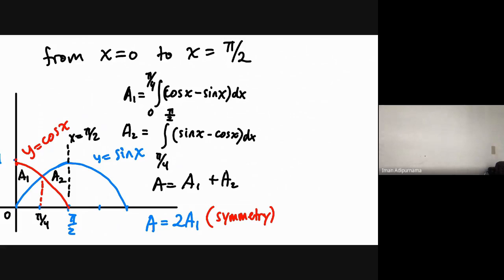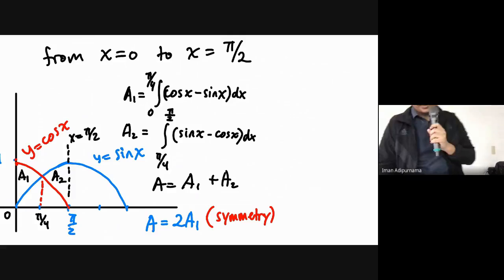So I will give you all the basic steps for the area between curves, and after that we will get some practice. Okay. So this is symmetrical. You can use the symmetry in the integrations.